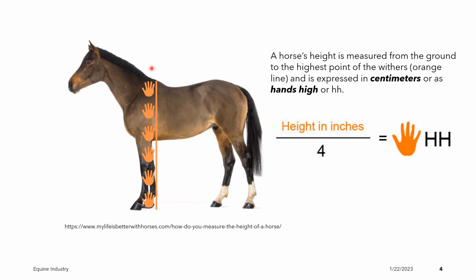You can express your data in centimeters or inches and convert that into hands high or HH. For example, if your measurement is 40 inches, you just convert it into hands high by dividing it by 4, and you have the height of your horse in hands high.